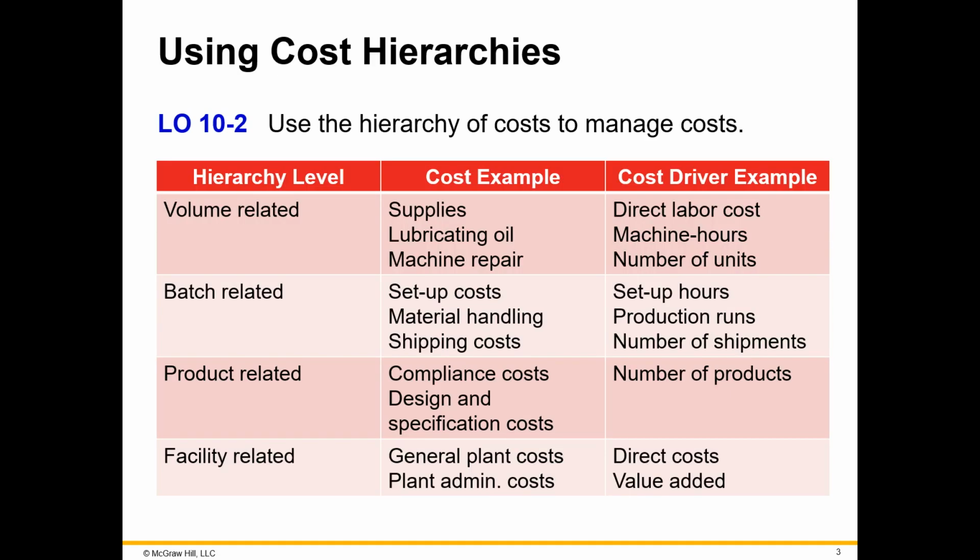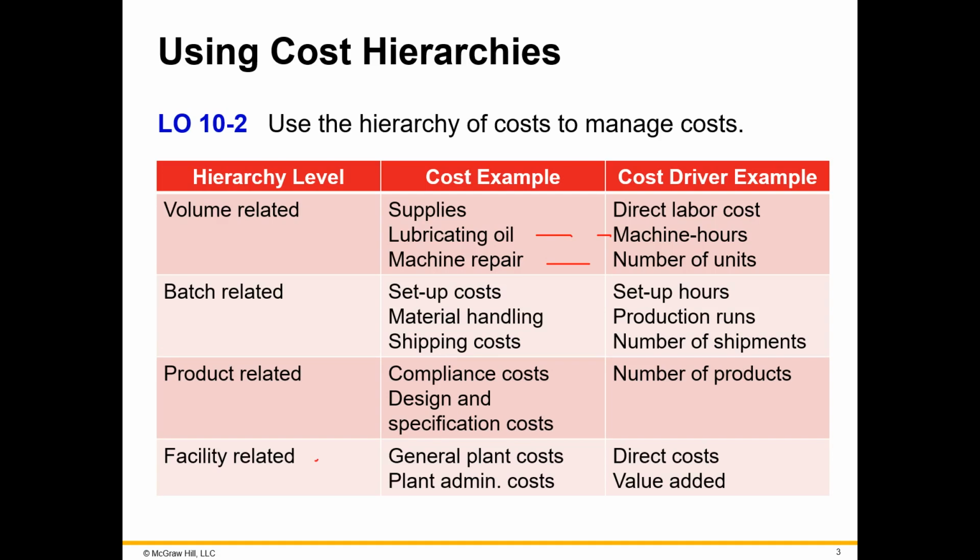Here are some examples of costs and also cost drivers. Some of the costs can be fairly specific, like under volume related, you have lubricating oil and machine repair. Those are pretty specific types of costs, and those tie into, in this example, machine hours and number of units. The costs can also be more general.